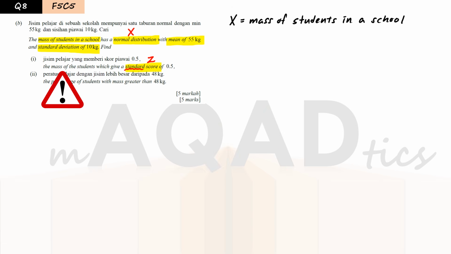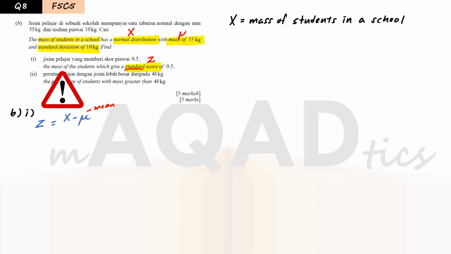We need to use this formula: Z equals X, which is the mass of the students, minus mu. This is pronounced mu, and it's actually the mean. In our situation, it's the mean of the mass of the students in a school, which we are given here as 55 kg.